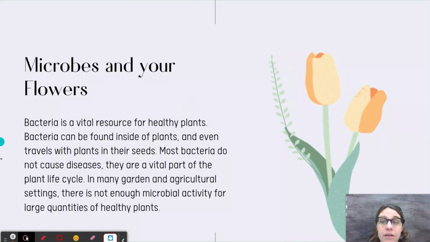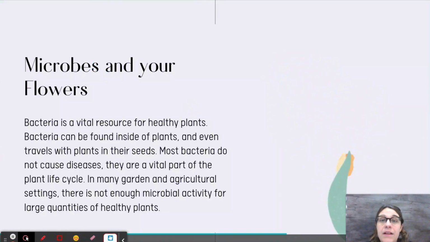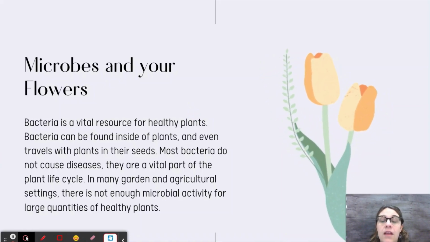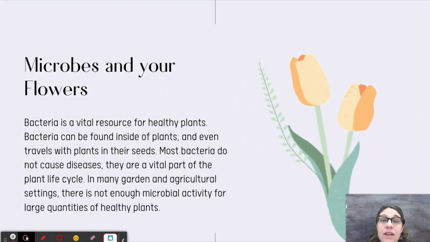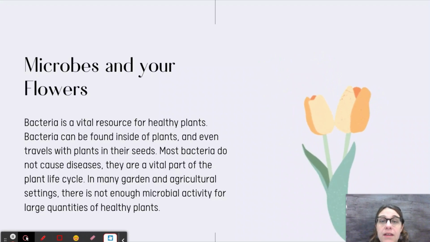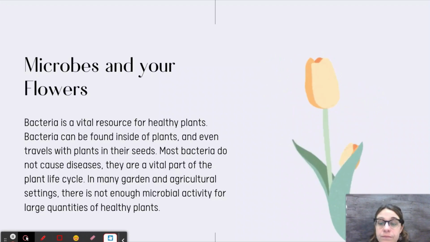So speaking of microbes and your flowers, bacteria in particular are a vital resource for them. They're found in your plants. And there's actually a lot of bacteria that travel in the seeds of the plants that help the new plants and seedlings get started on their journey.